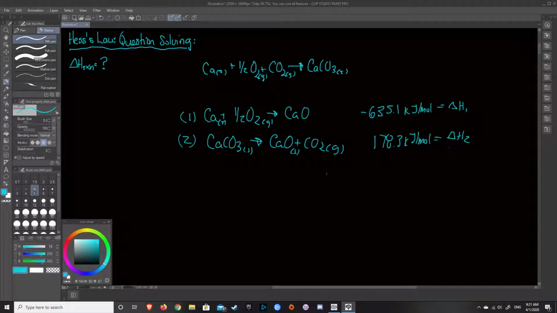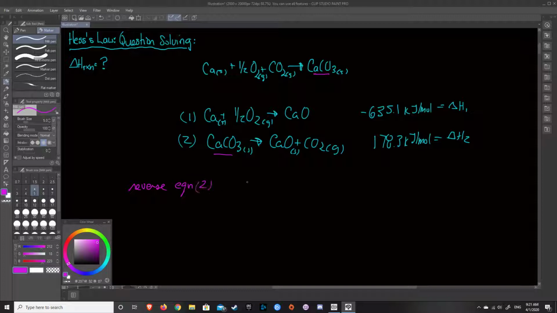Now I'll change the color, since we're solving it. I like purple. We're going to see that this is just like a mathematical equation. Our final equation has calcium carbonate on the right, so we should have calcium carbonate on the right. My first step is to reverse equation 2.